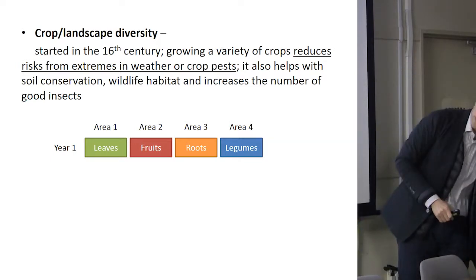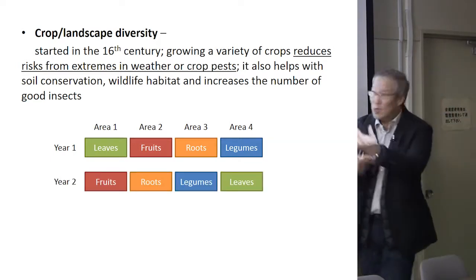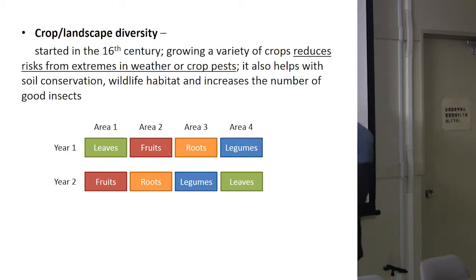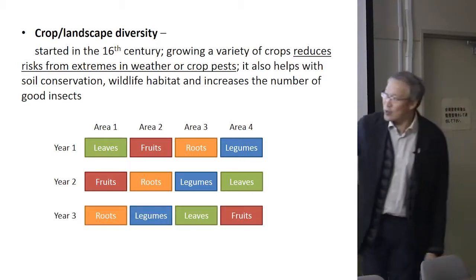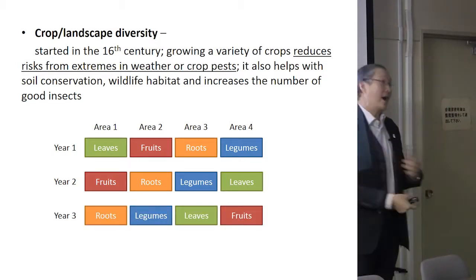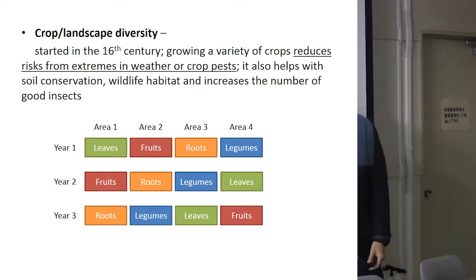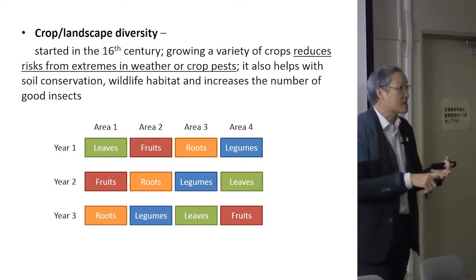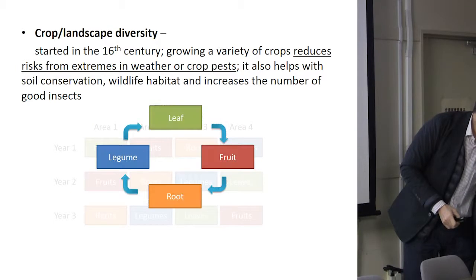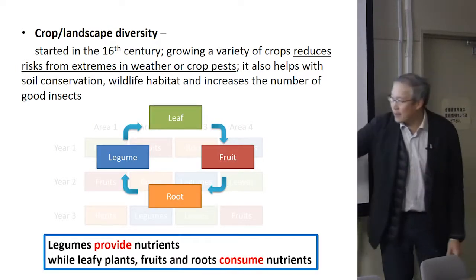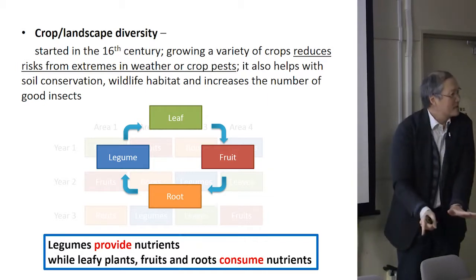Now in the second year, you try to change it. So you try to rotate it. So in the first area, there are leaves, but now next year, fruits. So you change it. You rotate it. In the third year, you rotate it. You change it. Why? Because these different fruits, leaves, legumes, they provide different things to the soil.